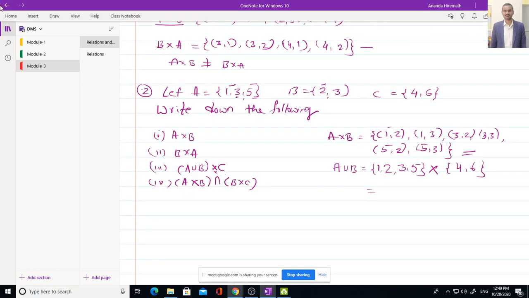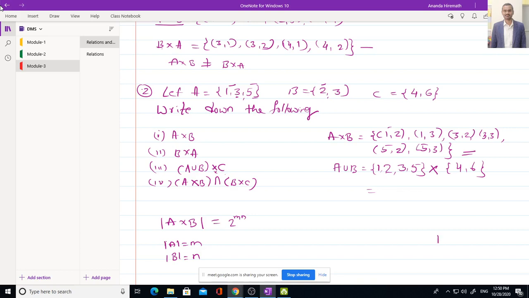And one more thing: whenever you do the Cartesian product of these two sets, the number of elements in that Cartesian product is also important, and it is given by 2 raised to m into n, where m is the number of elements in A and n is the number of elements in B. It is usually called the cardinality, and it says the number of elements.